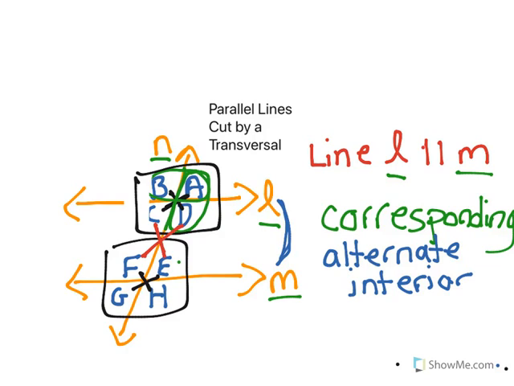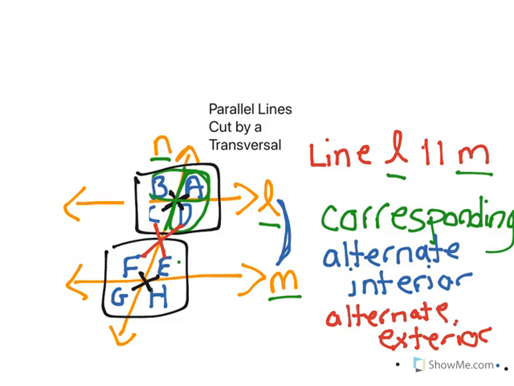Now, the last type we're going to talk about are called alternate exterior angles. Alternate exterior are very similar to the alternate interior, just as you might assume. They are on the outside.